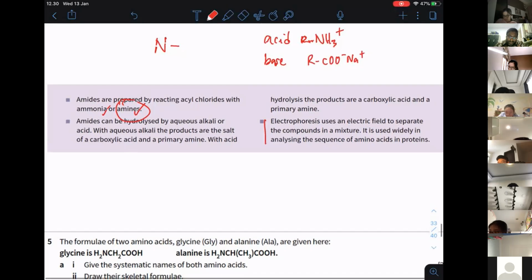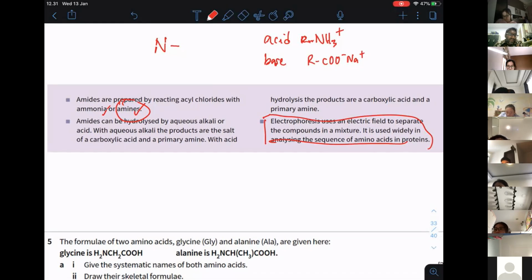And the last part that we have learned, electrophoresis uses an electric field to separate the compounds in a mixture. It is used to analyze the sequence of amino acids in protein. How electrophoresis works, you need to know.